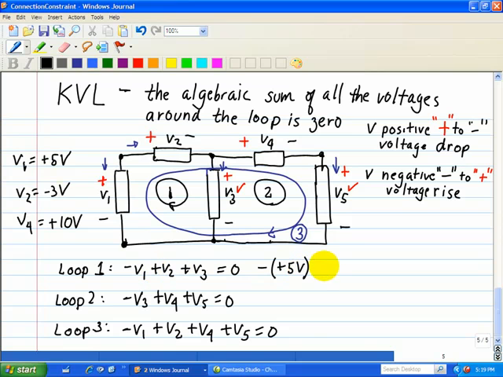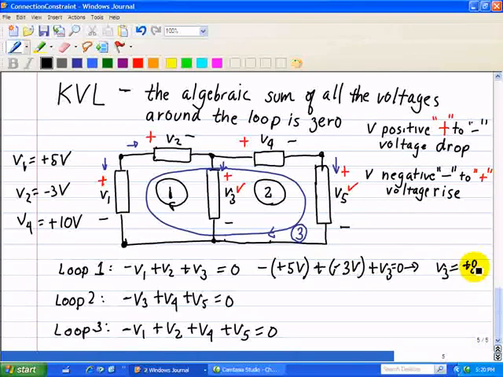For V2 we put a plus, minus 3 volts. And then what we're trying to find is V3, and this is all equal to 0, and that implies that V3 is equal to plus 8 volts. So that's our first answer.